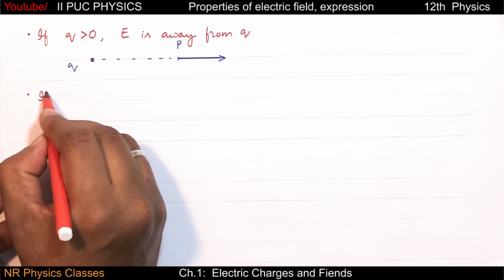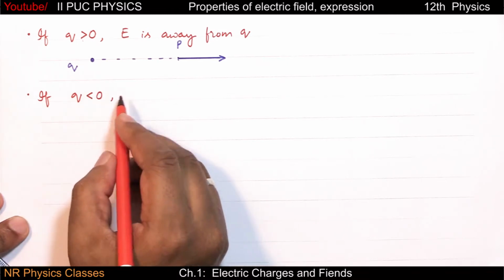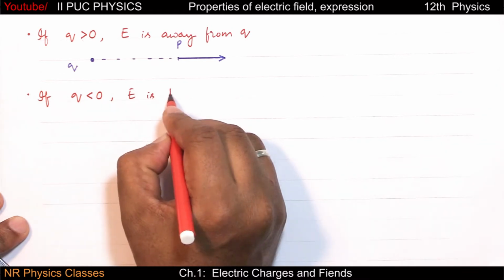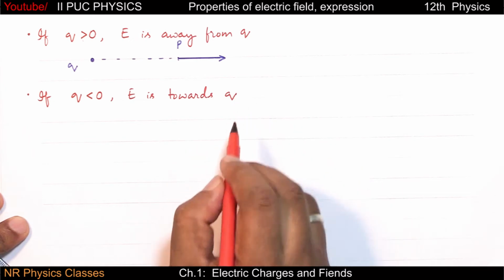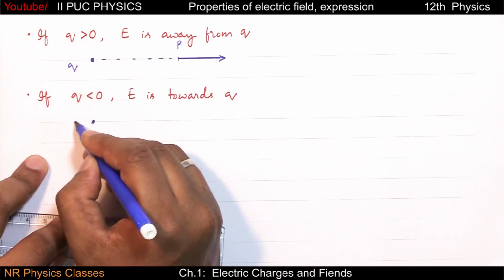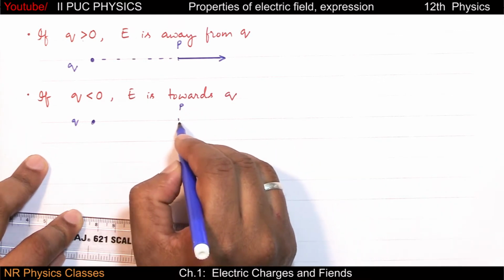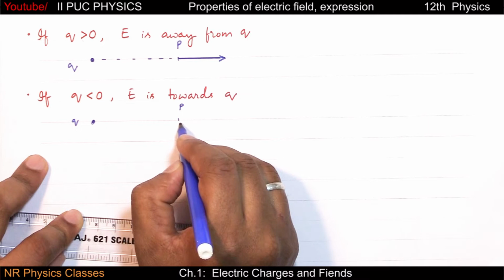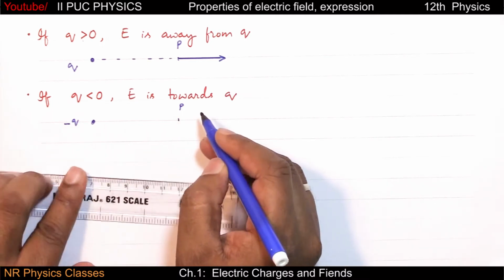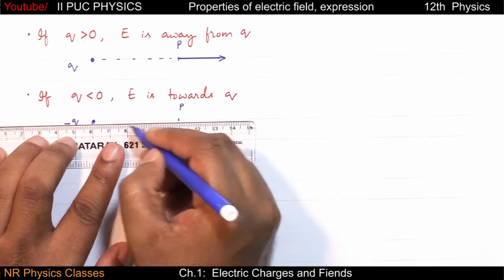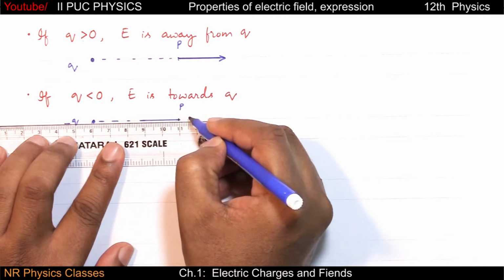If Q is less than 0, means for a negative charge, electric field is towards Q. This is Q, the given charge, and this is point P. If we keep a positive test charge here, and the given charge is negative, then this positive test charge is attracted towards the given charge.